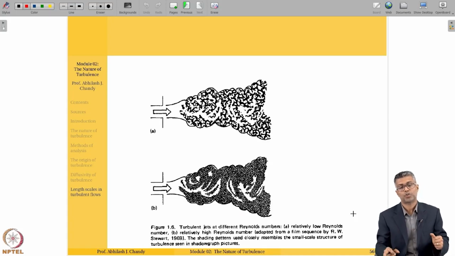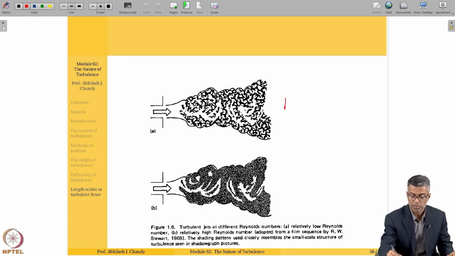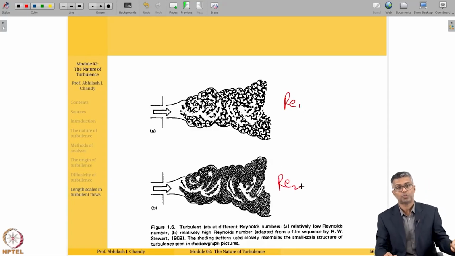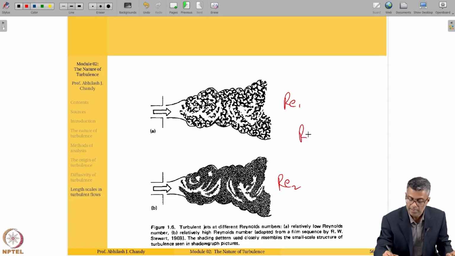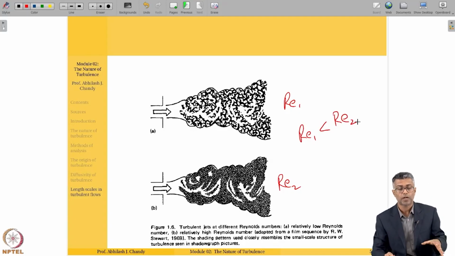Any guesses on which one is the lower Reynolds number? Here, these are jets at two different Reynolds numbers. Let's call this Re1 and let's call this Re2. Any guesses on which one is the smaller Reynolds number? Clearly, Re1 is less than Re2, because the lower the Reynolds number, the more coarse your structure is.